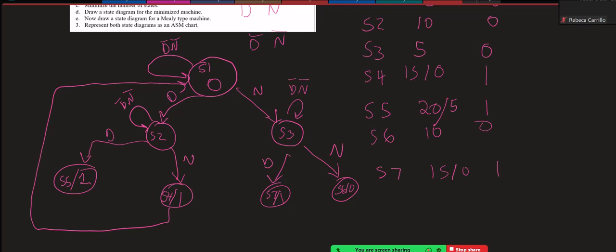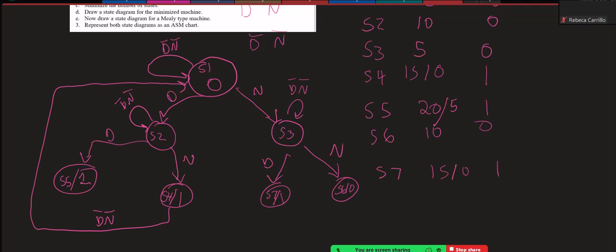I made it incomplete on purpose. I said from S4, if I did nothing, I would go back to state S1, and I have don't cares for the others. On purpose, I'm not specifying all of my outputs, because only some of them really matter.